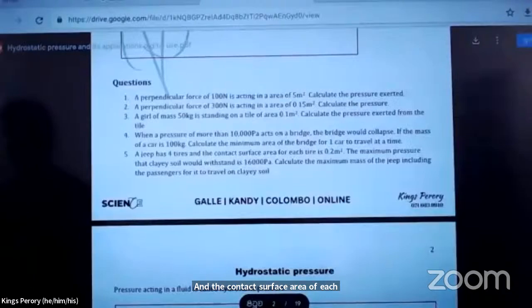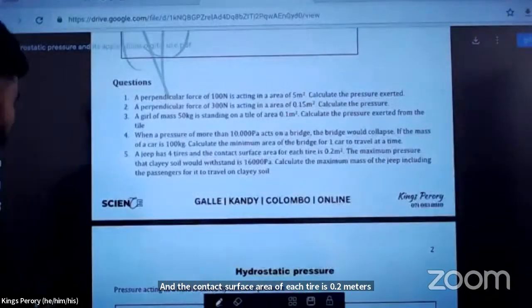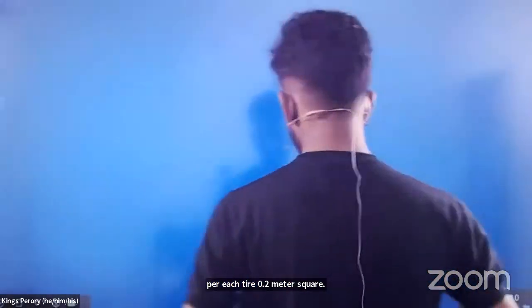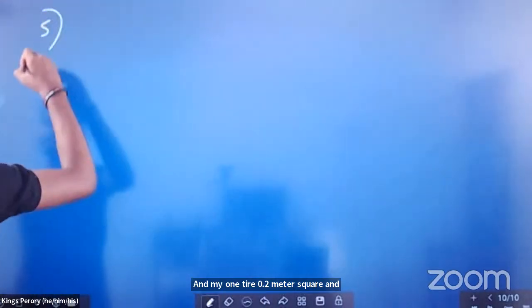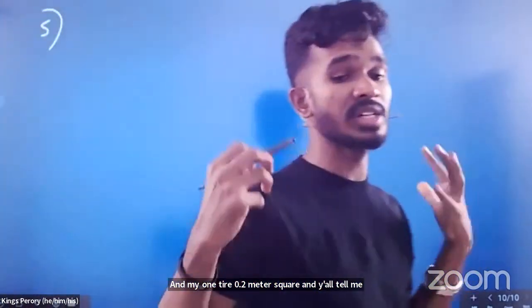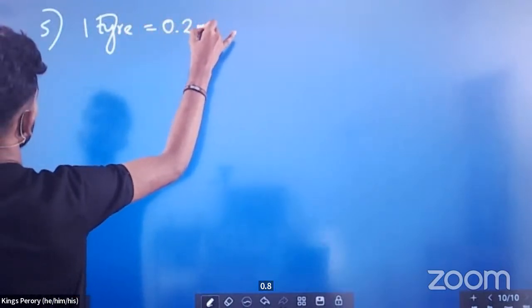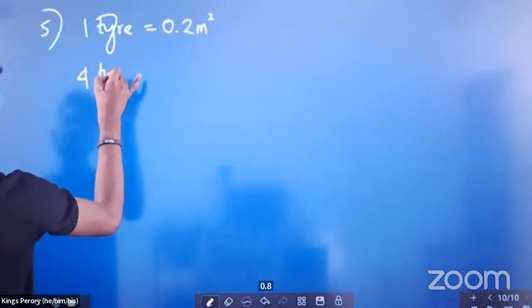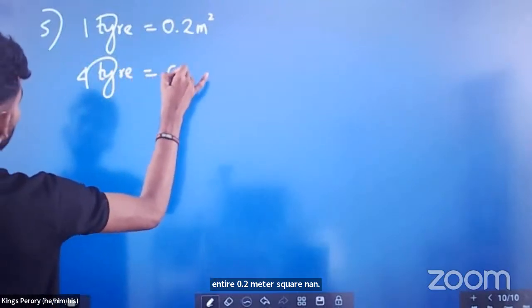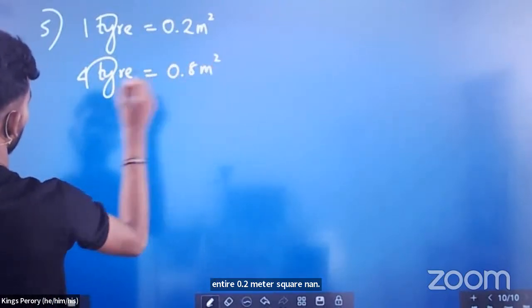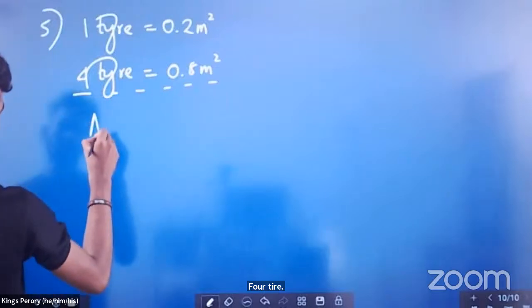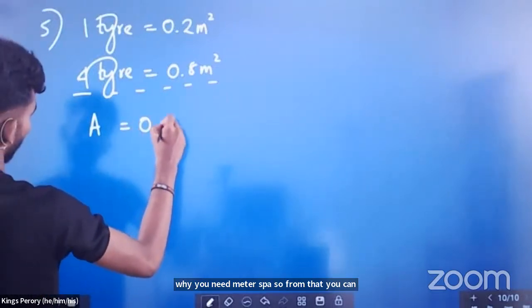One tire 0.2 meter square. You all tell me, what's the overall contact surface area? 0.8 meter square. So from that you can tell area is 0.8 meter square.